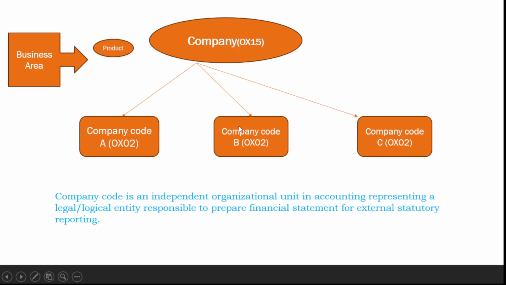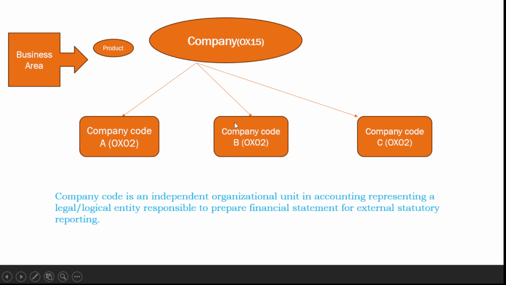Another scenario could be if a parent company has different verticals. Let's say the parent company manufactures steel, it also provides electricity, or it also provides different types of services. And for each vertical, they need a separate financial statement to be generated. So in that case also multiple company codes can be created.